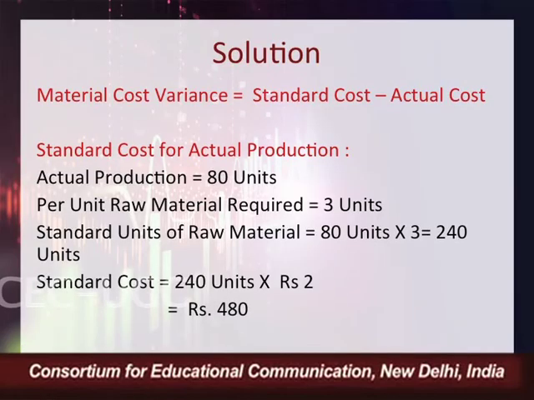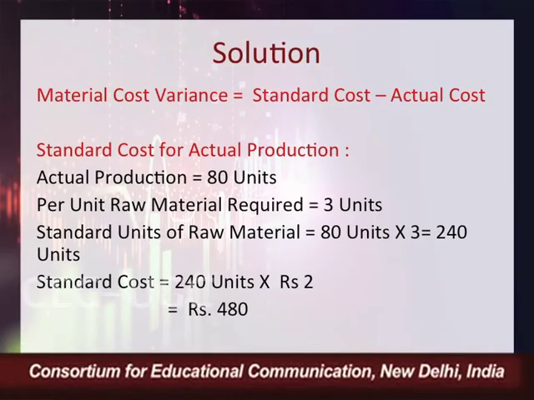So we'll first calculate the standard cost for actual production and then the actual cost, so that we can compare both and compute the material cost variance. With this understanding, let's solve this question.